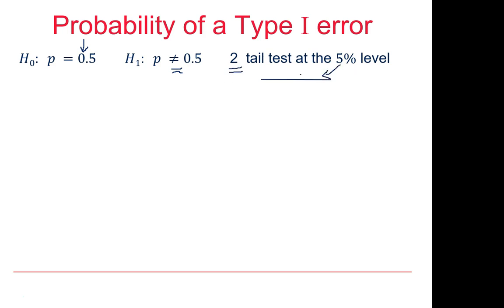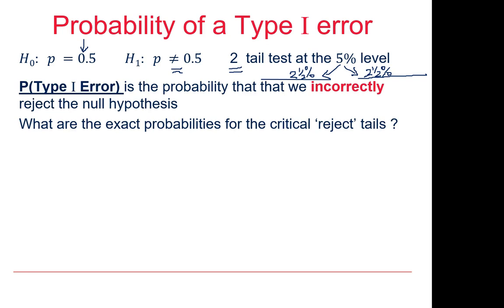And remember, with a two-tailed test, we split our critical regions, our extreme regions, where we're going to reject the null hypothesis, so that we have 2.5% or less likelihood at the low end and 2.5% or less likelihood at the top end. And because our type 1 error is that we reject the null hypothesis when in fact the probability of obtaining a head is 0.5.